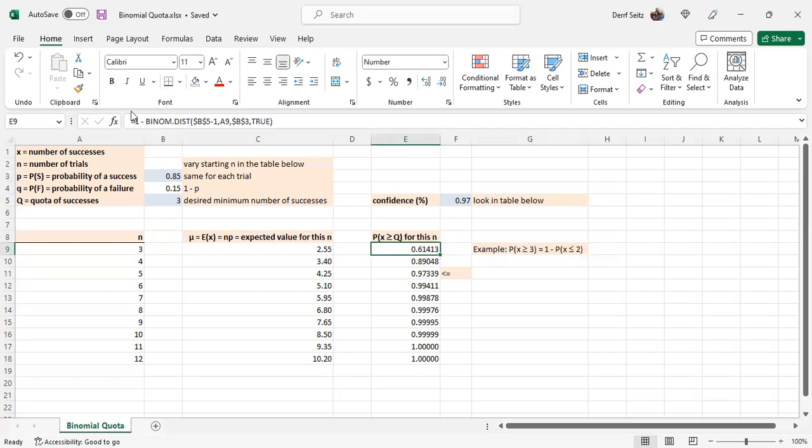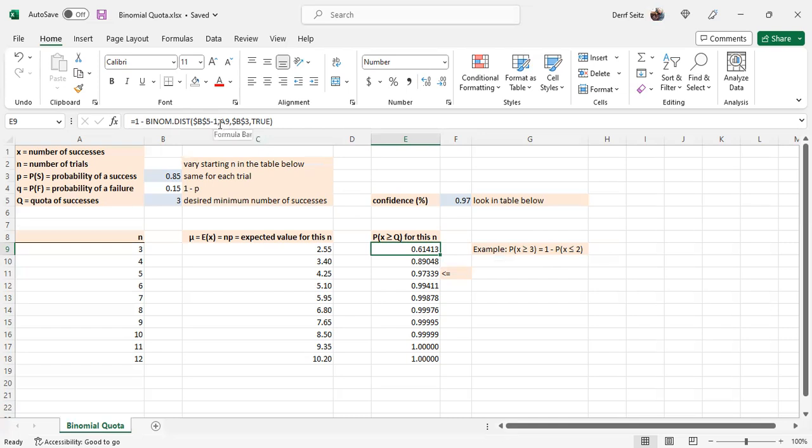It's 1 minus, using the binomial distribution function in Microsoft Excel. It's going to be the quota minus 1. That's the B5 with the dollar signs, meaning absolute positioning of the quota cell, minus 1.